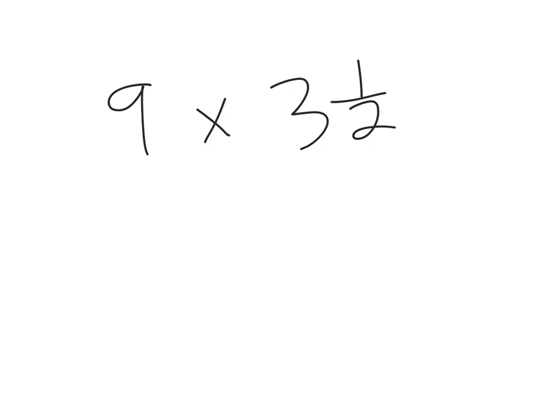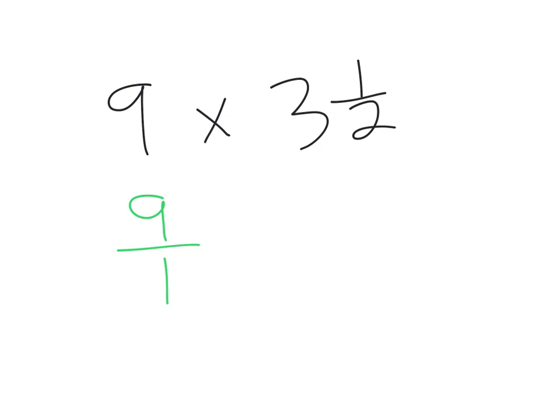Only other numbers that you would find that are not in numerator-denominator form would be if I had, say, for instance, a whole number or a mixed number, so like 3 and 1/2. So where I have a whole number and a fraction in that number. Neither one of these are in that numerator-denominator form, so we have to put it in that form. Anytime we have a whole number, I just simply take it and put it over 1.